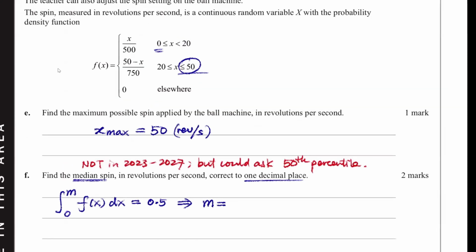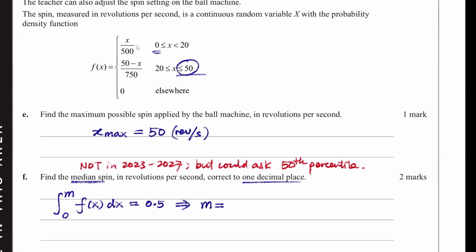Notice in the question, the probability function spans over 2 effective domains. So you do need to check whether or not this one has already accumulated 0.5 area under the curve, under the first part of the curve.